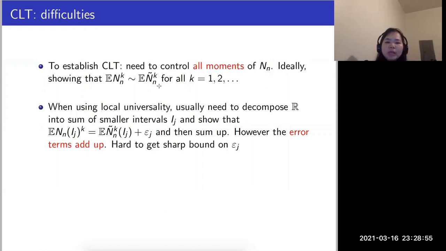But when we try to show something like this, usually we have to break up the real line into smaller bits so that we can control each bit. And so this statement is like a universality statement. And then we have to add up the error terms. Usually, for our analysis, the error term is not sharp enough to get any meaningful bound when we sum them up.